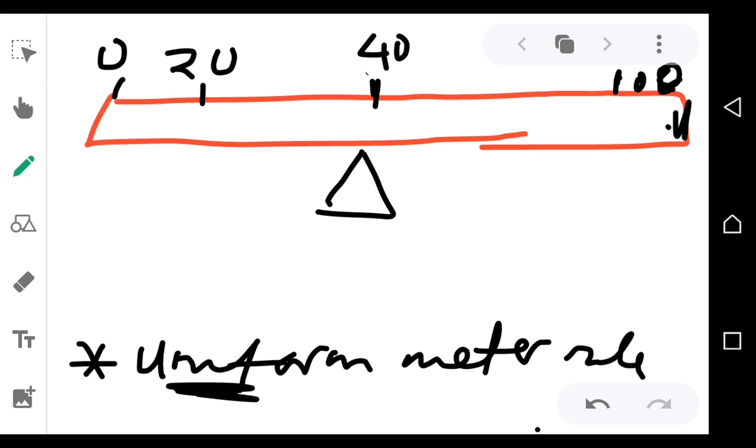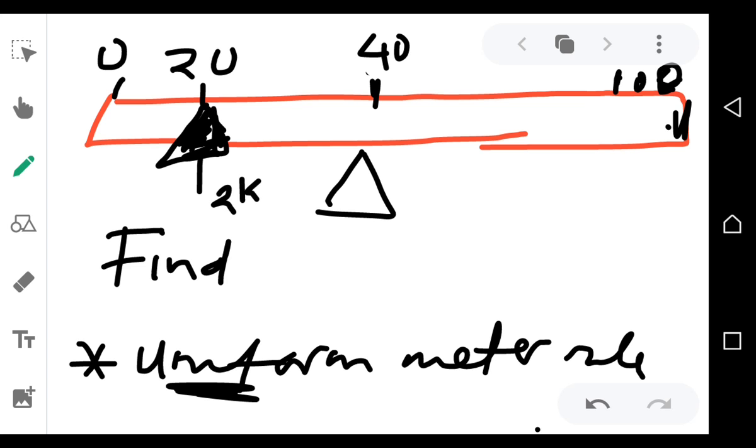And then they ask you a question. Let's say here I put a weight, something weighing 2 kgs. It's weighing down here, on top there.